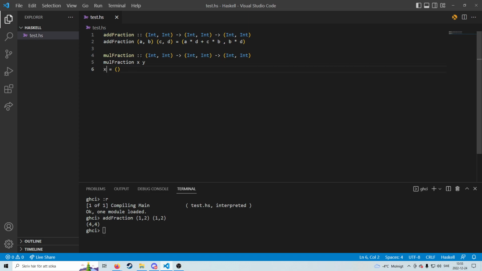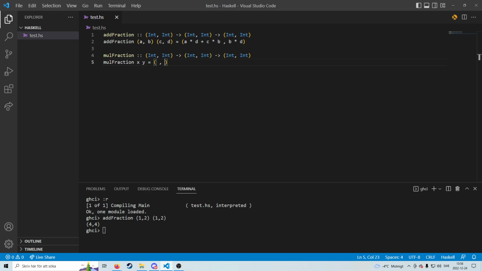And then our x here would be equal to a and b, right? And our y would be equal to c and d. So now what we can do, if we wanted to multiply these together, we could make the same thing, a tuple here, separating the two things with a comma. So let's think here.